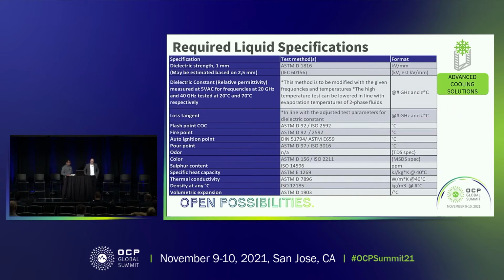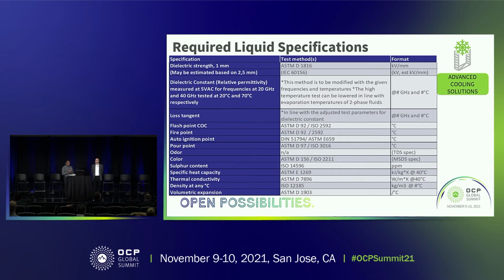Okay. So going into further details about what the other liquid specifications are that we are looking for. As John mentioned, we have to test the dielectric strength of the fluid. And then we also need to test the relative permittivity value.